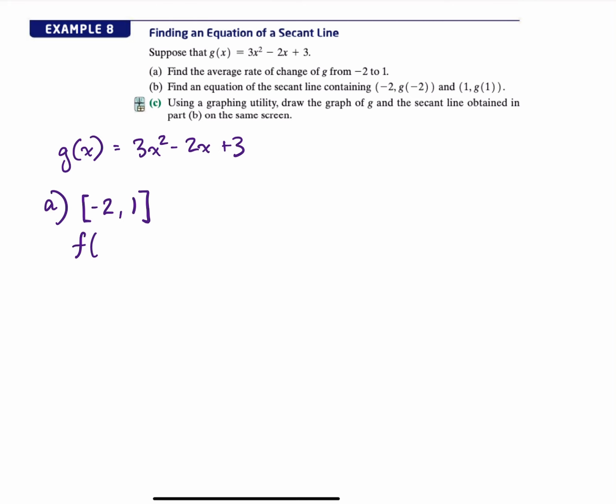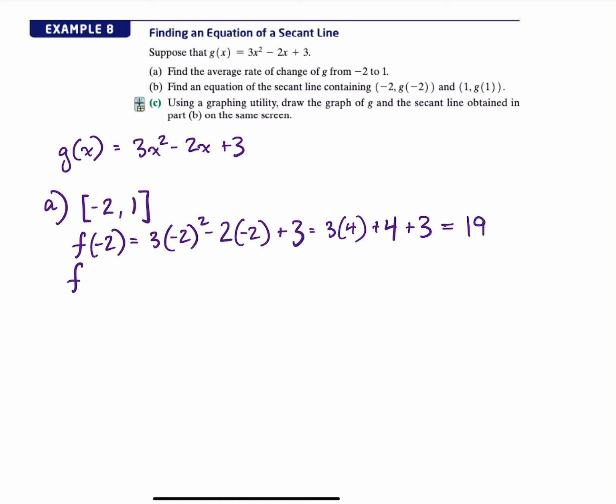So let's find g of -2. That would be 3 times -2 squared minus 2 times -2 plus 3. Well, that's 3 times positive 4, -2 times -2 would also be plus 4, and then plus 3, that looks like 19.